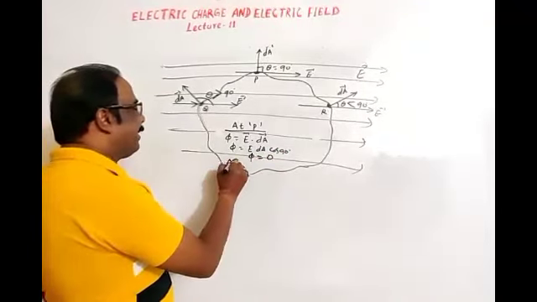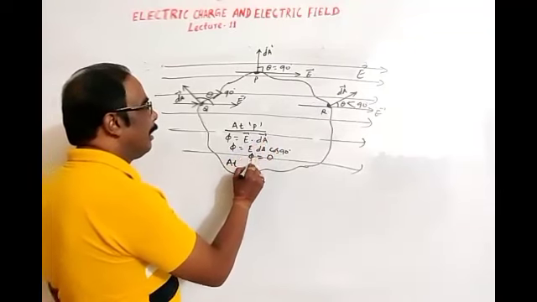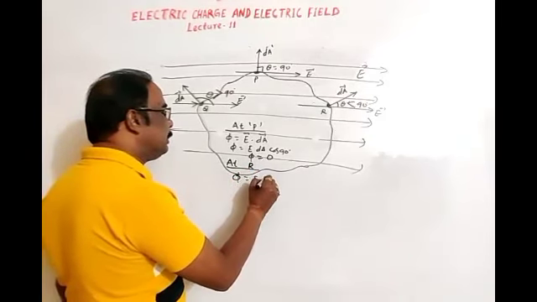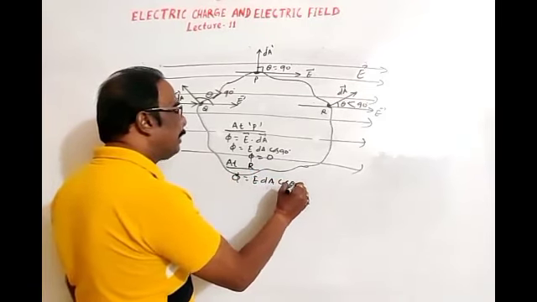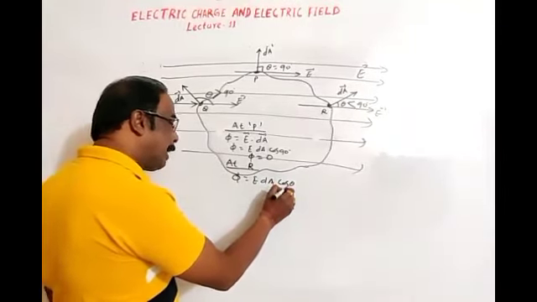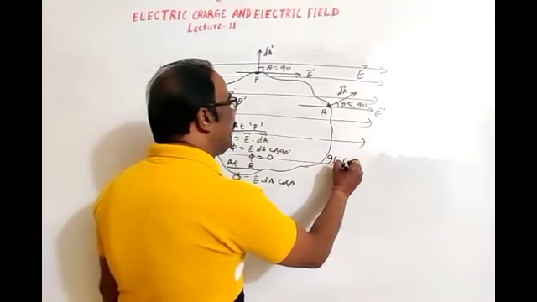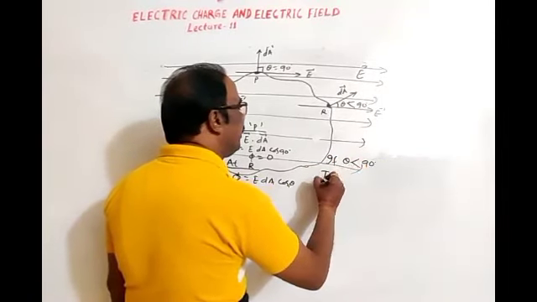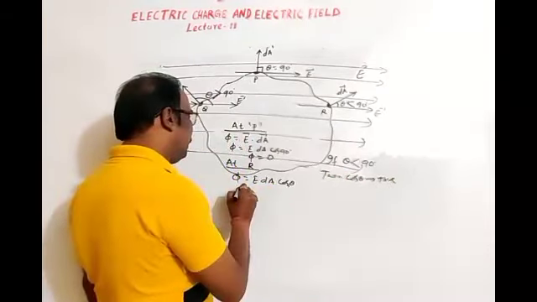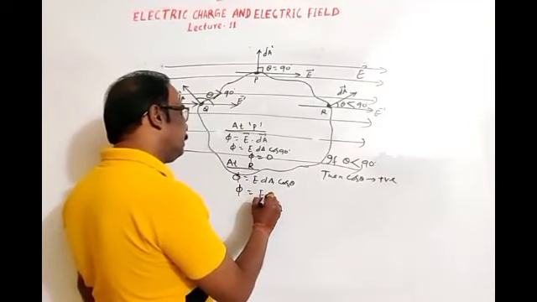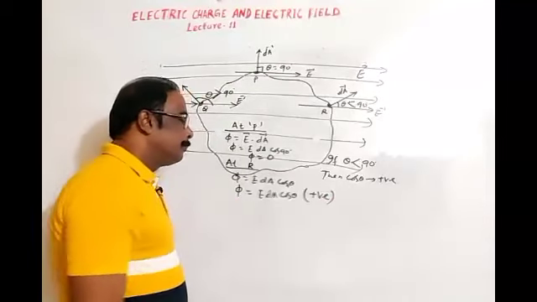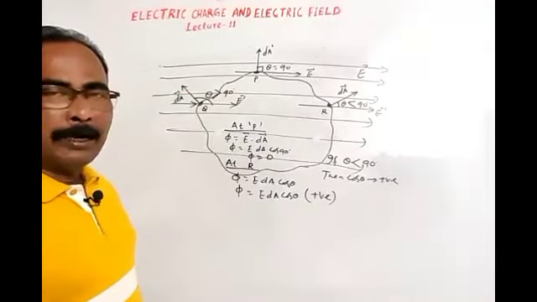Okay, at point R, again flux is EdA cos theta, but here theta is acute, less than 90 degree. So if theta is less than 90 degree, then cos theta is positive. So here flux is equal to EdA cos theta, but it is positive, whatever be the value of theta, as long as it is less than 90 degree.